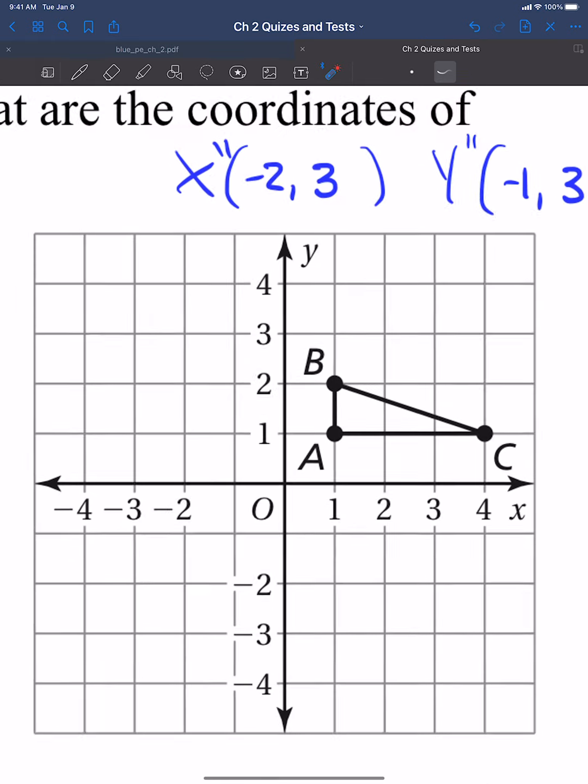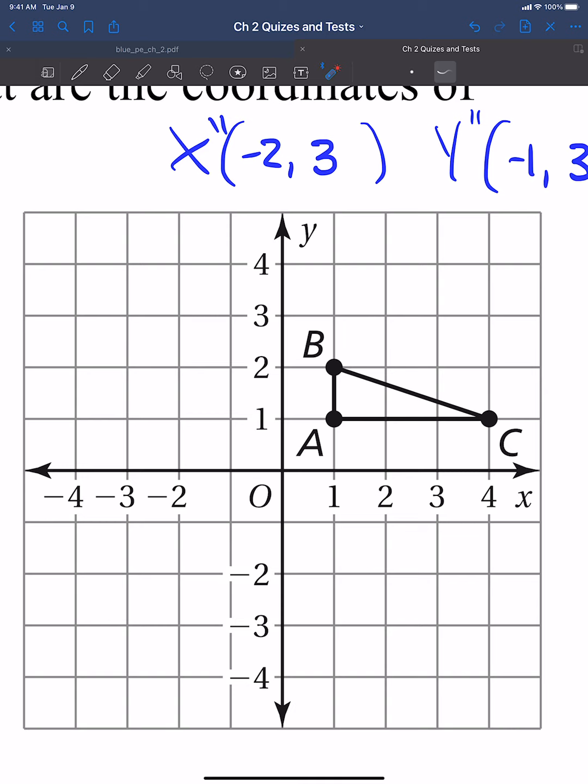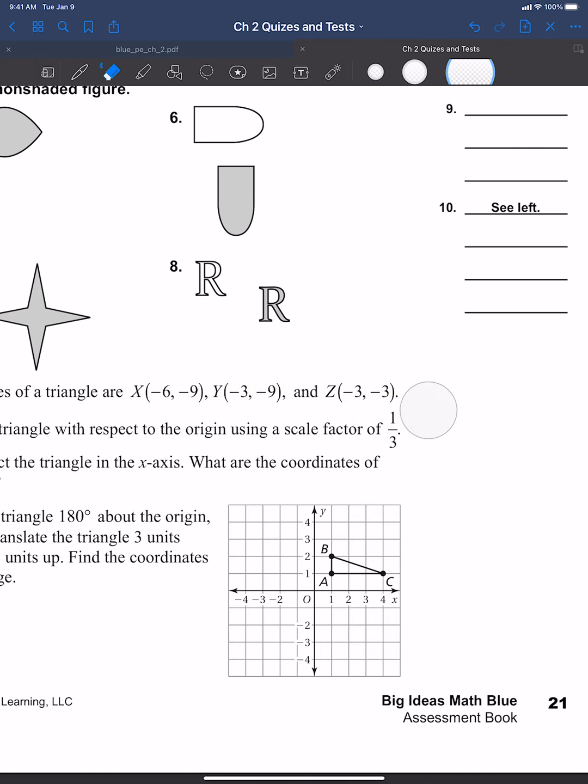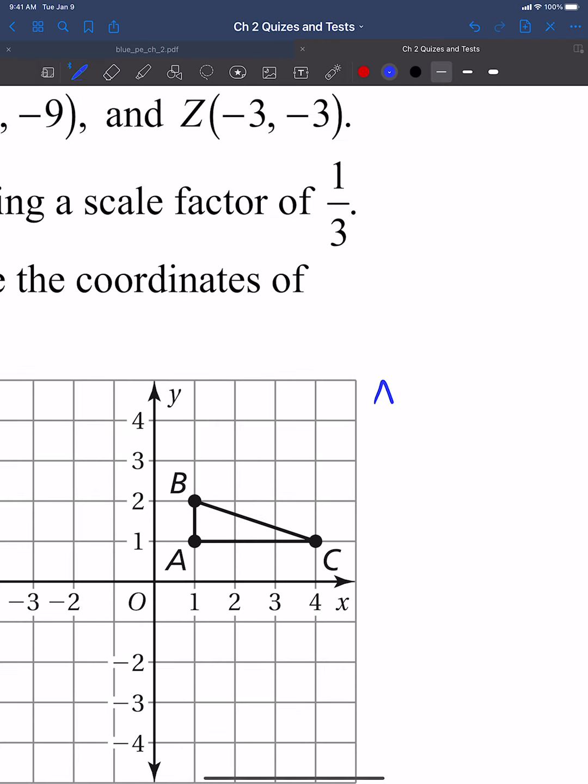So, I know you guys don't have a coordinate grid right here, right? But, looking at your special rules, what are the rules for a rotation of 180 degrees? They become both negative. To their opposite sign? Yeah. They don't switch places, do they? No. So, do you think it would be smart to first list the coordinates for A, B, C? Yep.